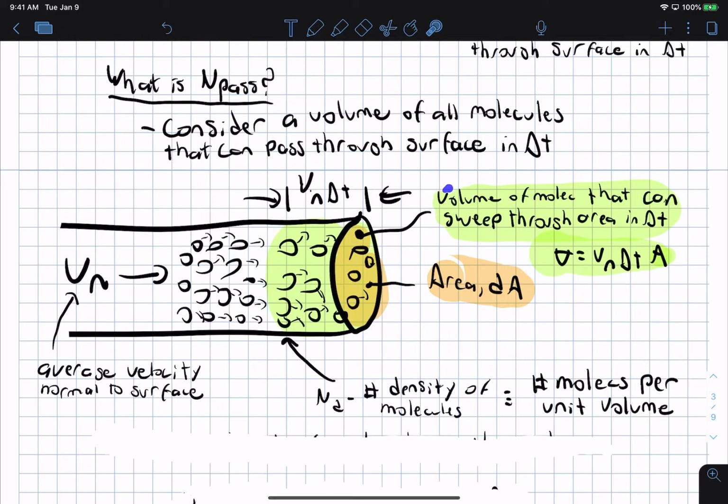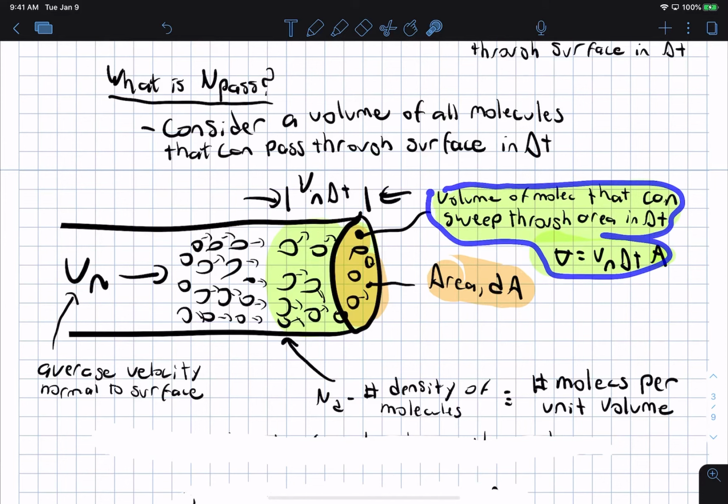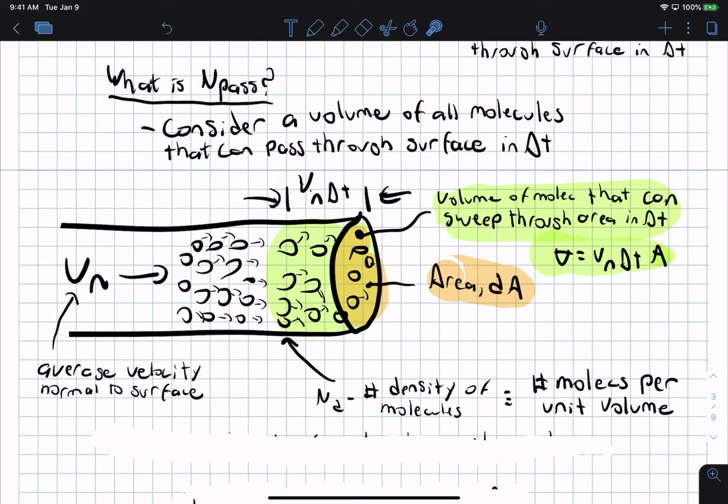And that is all of the molecules that are basically in this green volume here. And now what is the volume of this green volume? That is just equal to the average distance that a molecule moves in the normal direction in time delta t, so that's Vn delta t, times the cross-sectional area, which is dA.